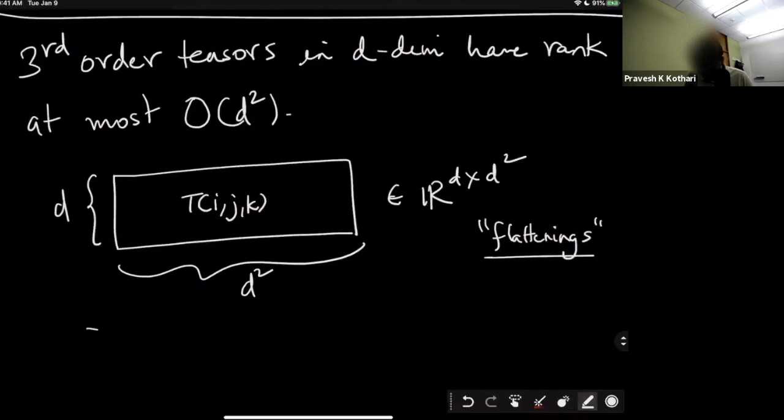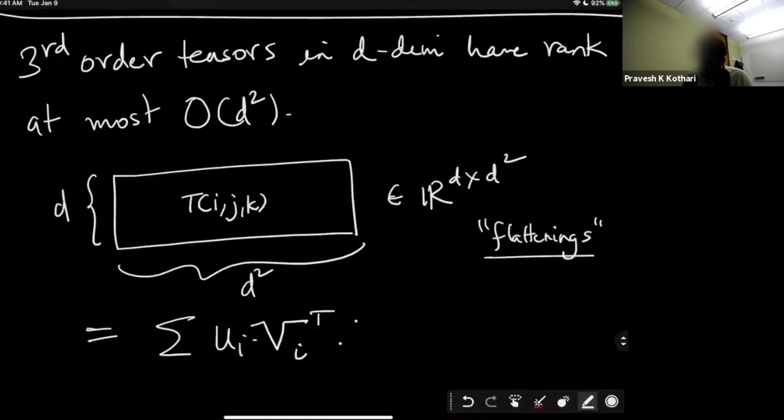So in particular, I can write this matrix as sum of D terms, each of the term looks like UI VI transposed. Let's just absorb the coefficients into the UIs. UI is a D-dimensional vector. VI is a D squared dimensional vector, which I can interpret as a matrix.